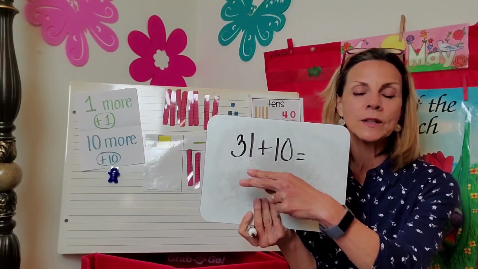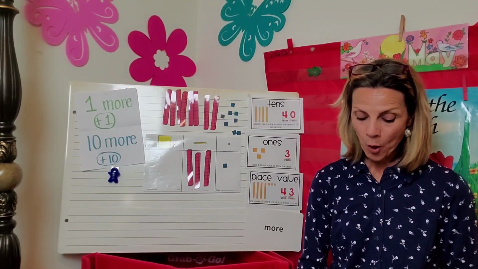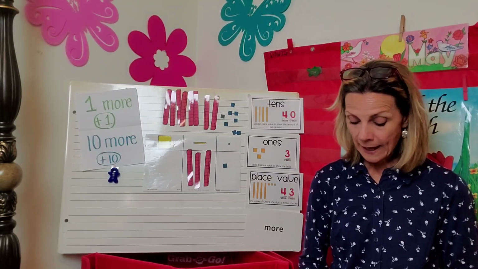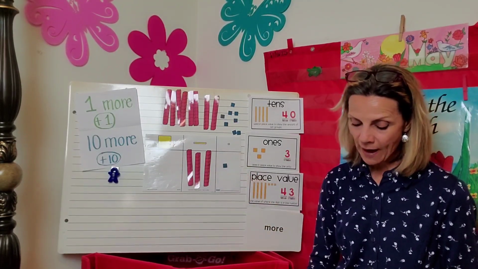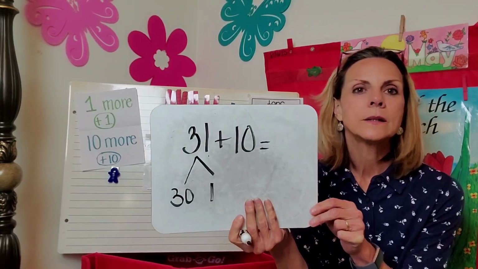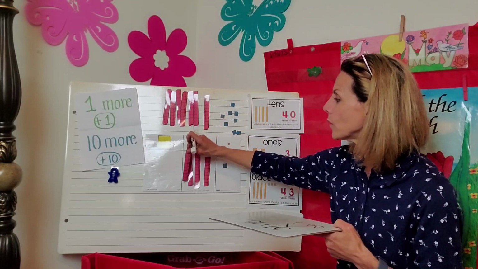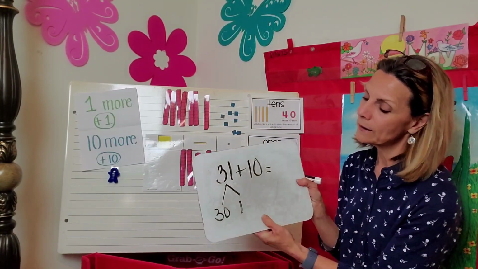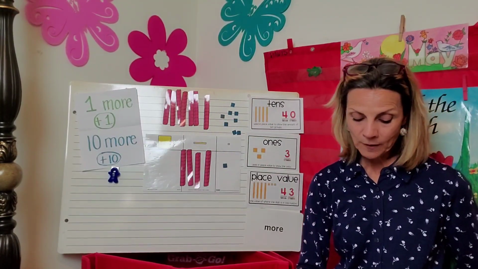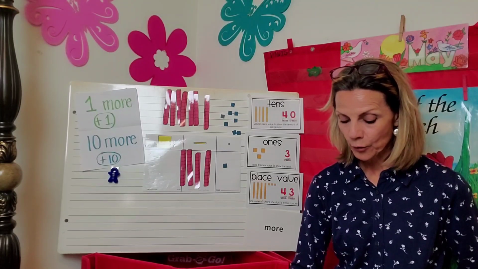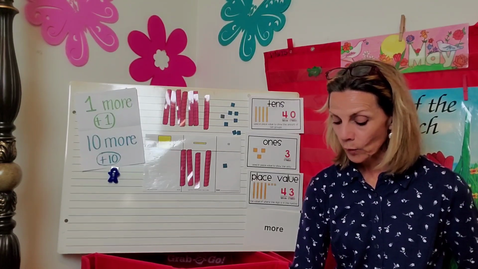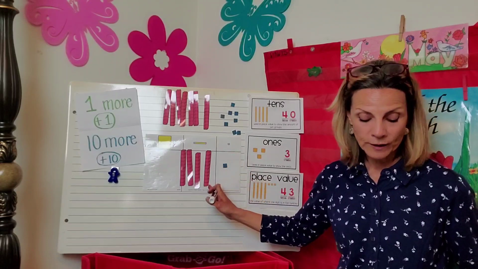I'm going to use a number bond to break apart 31 into 10s and 1s, just like I have on the board. Okay, and then I'm going to be adding 10 more to that 30. So I'm going to go ahead and write that over to the side. 30 plus 10 equals 10, 20, 30, 40.